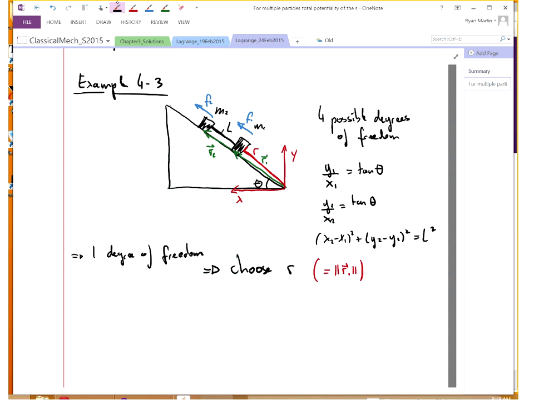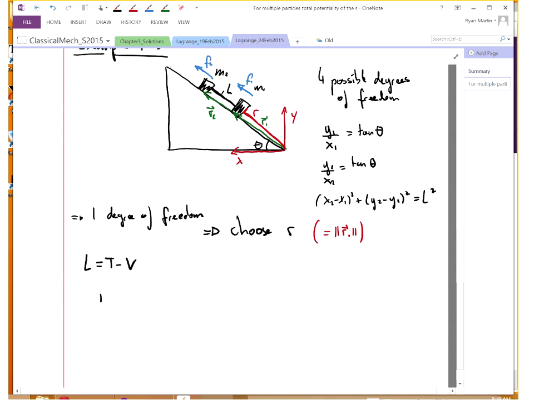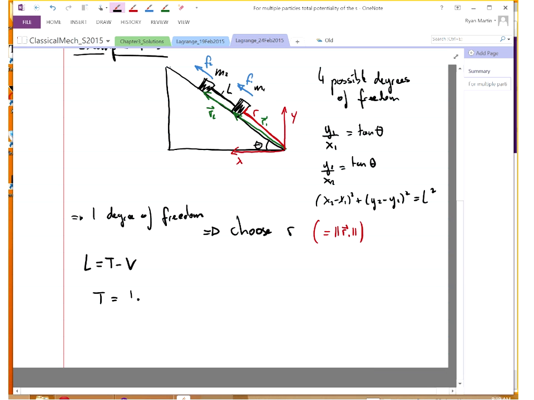So the kinetic energy is always easy to write out in Cartesian coordinates. To get the Lagrangian, we need L equals T minus V, so we need to know T and V. T is always easy in Cartesian coordinates because it's a half m1 (x1 dot squared plus y1 dot squared; z1 dot is 0), and then plus, for the second mass, a half m2 (x2 dot squared plus y2 dot squared).